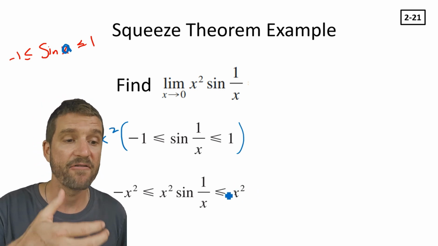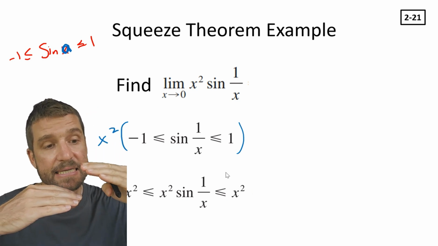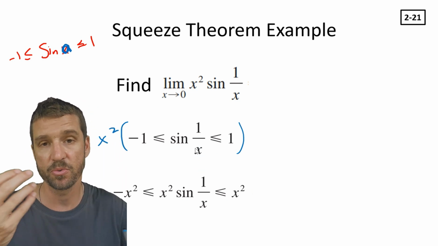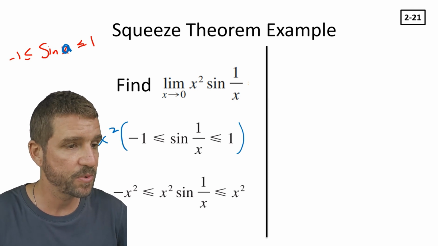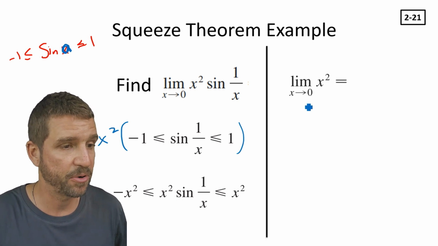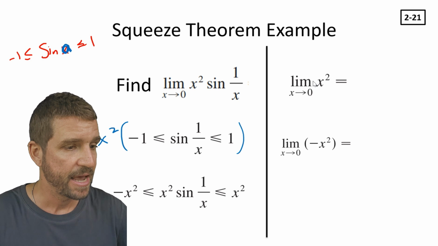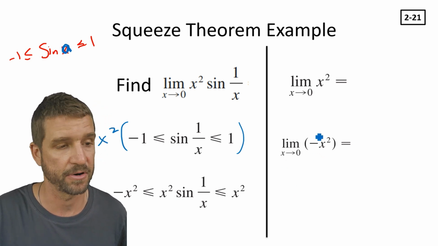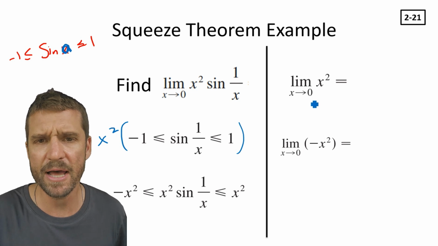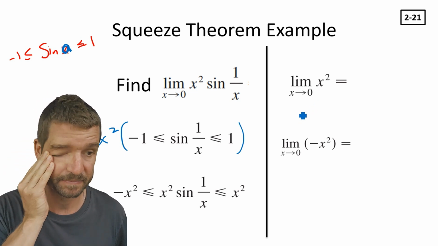Okay, so now we have squeezed our function between two functions that we can solve for. And now we are going to find the limit as x approaches 0 of x squared, and the limit as x approaches 0 of -x squared, okay? So go ahead and pause the video and try these.